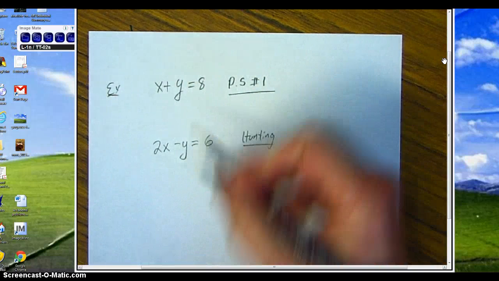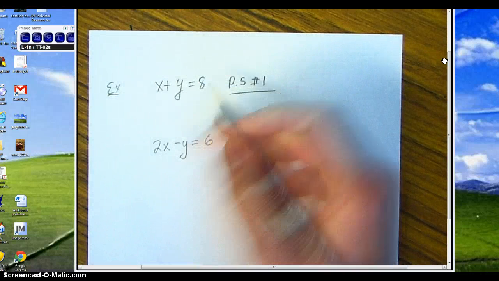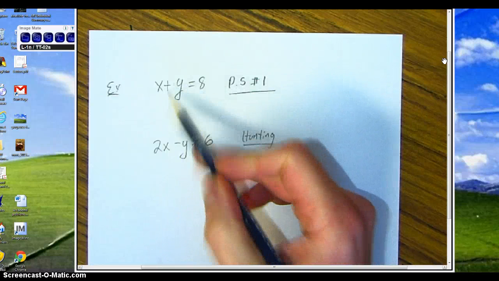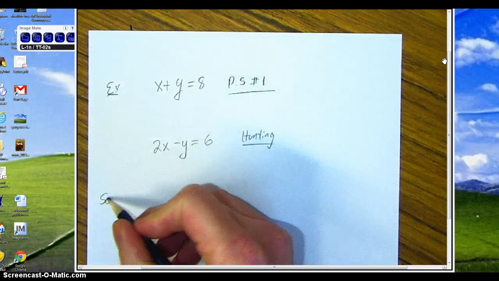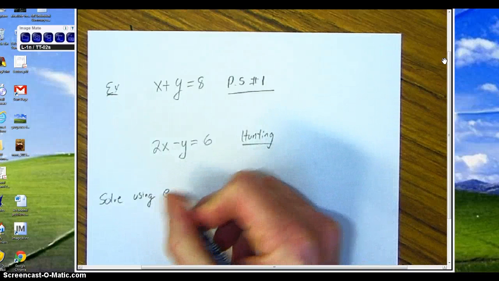The first thing I need to do is find out where this ship and this ship intersect by using either substitution or elimination. I noticed that the x, the y, the 8 and the 6 are lined up, so in this case I'm going to solve using elimination.